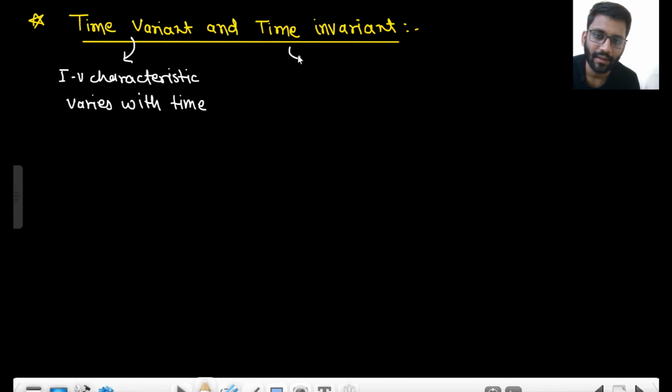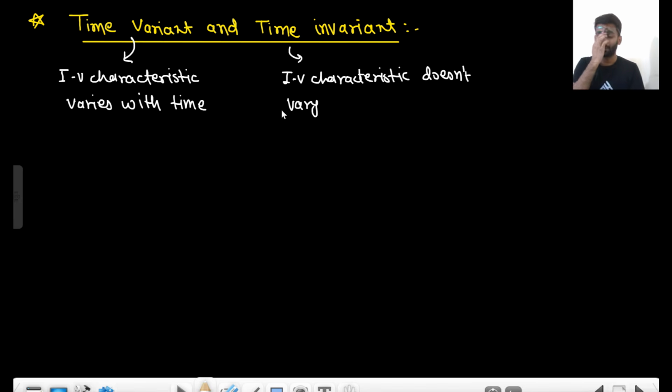And time invariant IV characteristics don't vary with time. We are covering everything that can be asked, every single point, and we will solve many questions. When we come to the questions, you will realize it. IV characteristic doesn't vary with time.